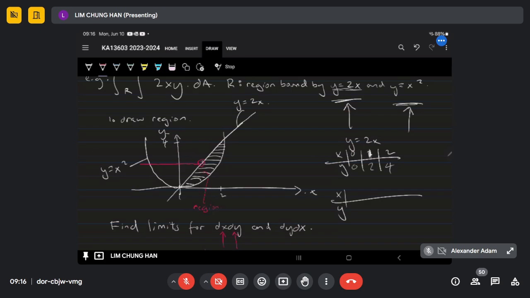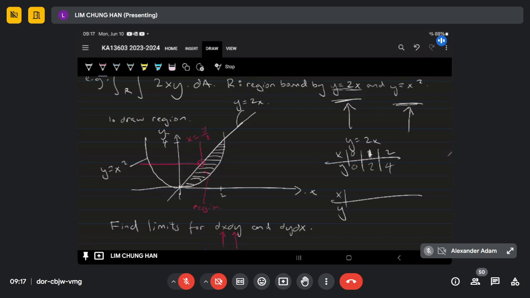What is my x limit there? It's the sloping line, right? Yeah, it's a sloping line. So therefore, what do you think the limit should be? x equals to what? That sloping line. Well, you have to rearrange. y over 2. Yeah, correct. y over 2.